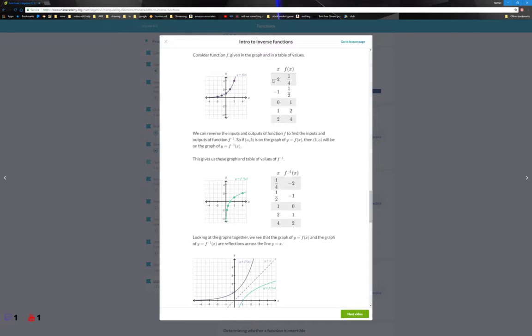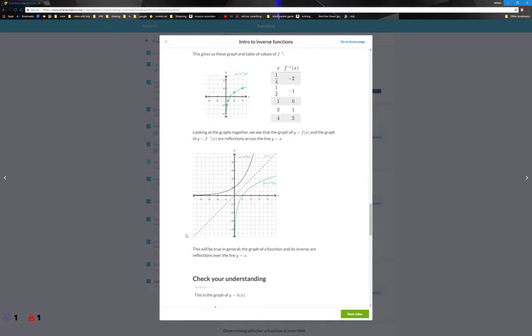So you see how they took everything that was x over here and put it over here, and everything that was over here and put it over here. Looking at the graphs together, we see that the graph of y equals f of x and the graph of y equals f inverse of x are reflections across the line y equals x.